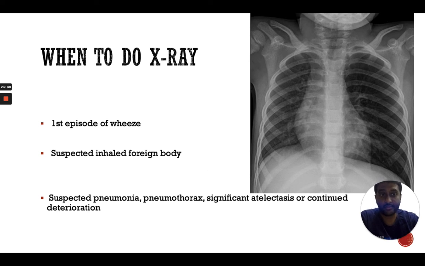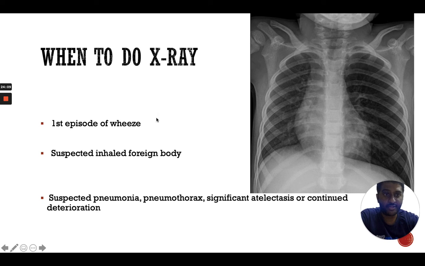Okay, next. When to do X-ray in a patient who presents with V's. Okay, first episode of V's, it's better to do an X-ray to look for inhaled foreign body. Okay, and if you suspect foreign body, of course, and suspected pneumonia, pneumothorax, or the patient is not improving despite your medical management, you want to look for other causes, then do an X-ray.